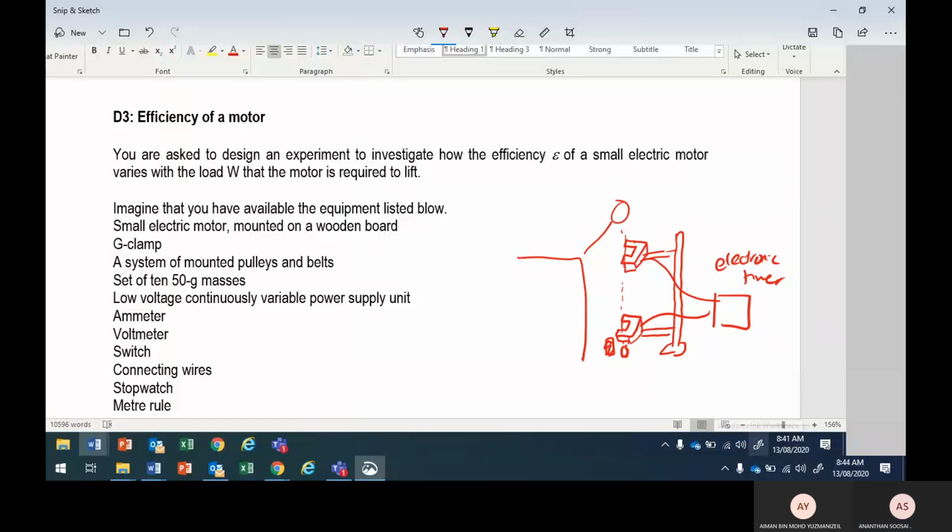Okay, your ammeter and voltmeter connection, they will check. Ammeter must be in series with the circuit, voltmeter must be across the motor, right? Parallel.